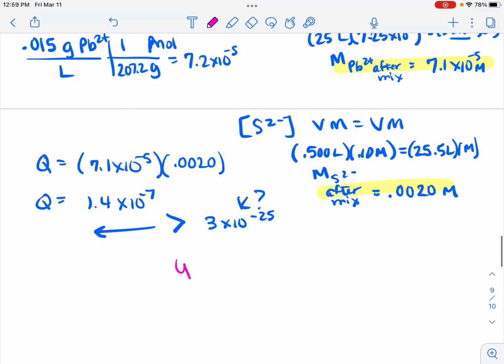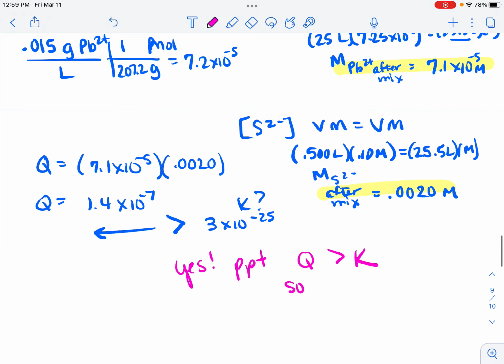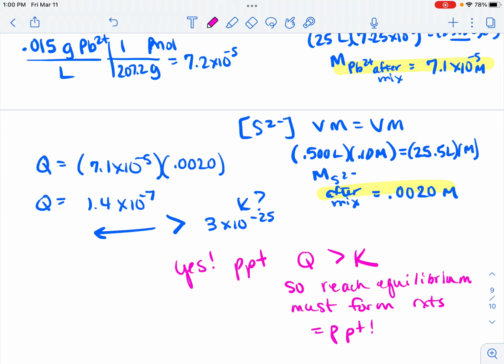So my answer is yes, it's a precipitate, and that would be because Q is greater than K. To reach equilibrium, we had too many ions in the containers that we poured together, and it can't be at equilibrium like that. So to reach equilibrium, it must form reactants. Overall, the net change is toward the reactants, and that would be a precipitate.